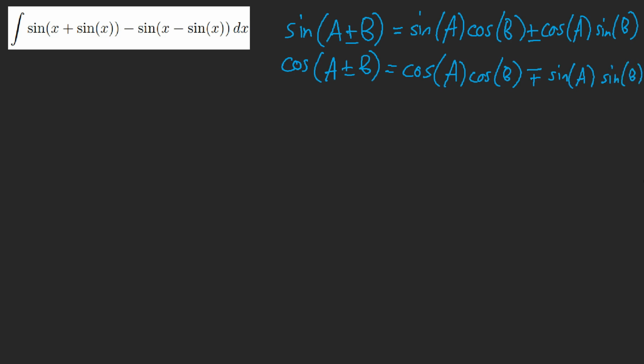Okay? So if we're doing sine, we start with sine: sine, cosine, cosine, sine. If we're doing cosine, we start with cosine: cosine, cosine, sine, sine. Just be careful with cosine. You flip the sign. Okay? Just be very careful with this. You flip the sign for cosine.